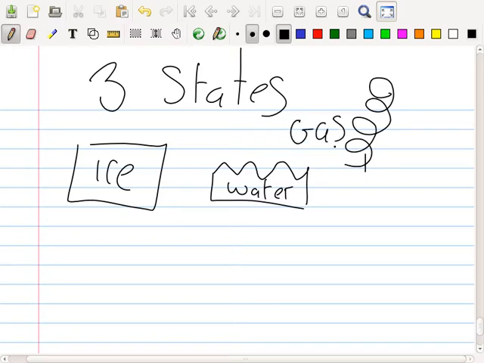Gas, or evaporated, or steam, sorry, steam. I forgot the word for steam. Okay. So we have ice, water, and steam as a good example of the 3 different states of matter.